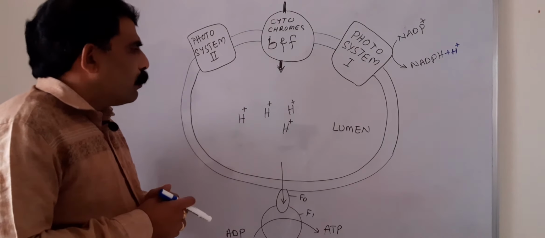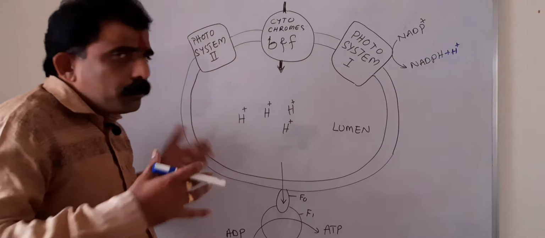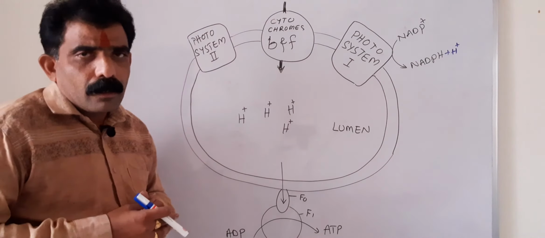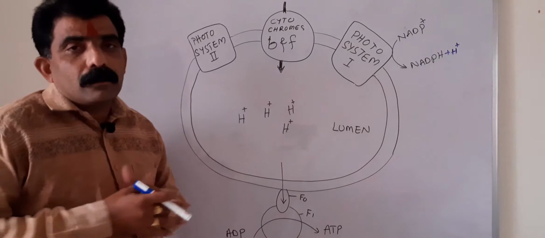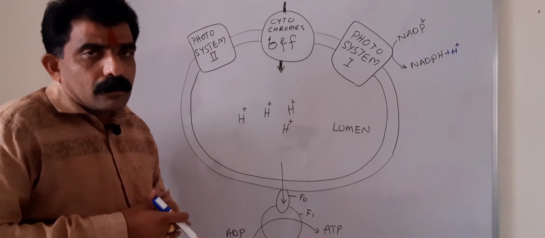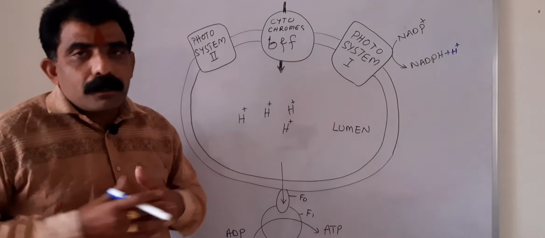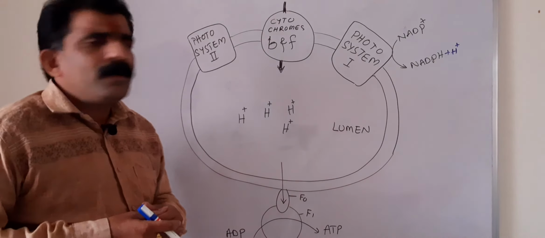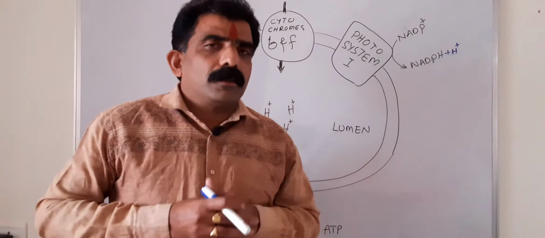So the protons accumulated in the lumen naturally try to come back to a place where the proton concentration is less, but protons cannot come back into the stroma because the thylakoid membrane is impermeable to protons.